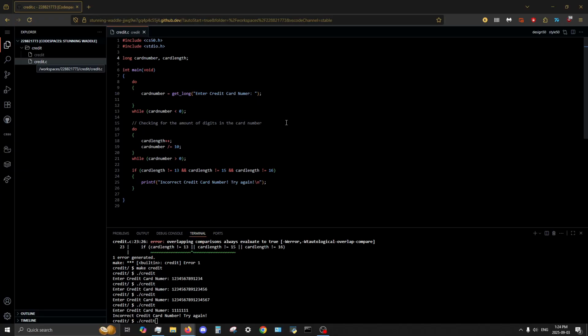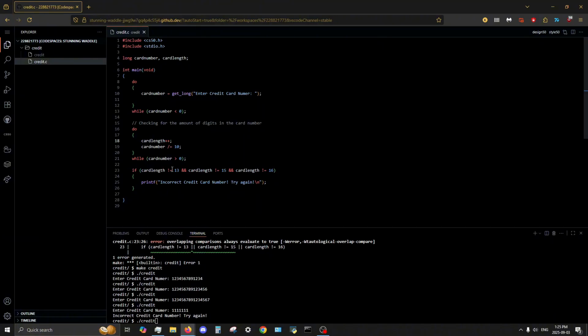And it will do that as long as the card number is more than 0, because when the last digit gets divided by 10, it becomes 0 point something, so it returns a value of 0. So then the card length is counting the amount of digits in the card number that was entered.